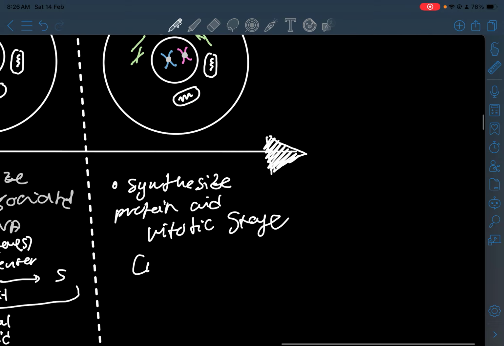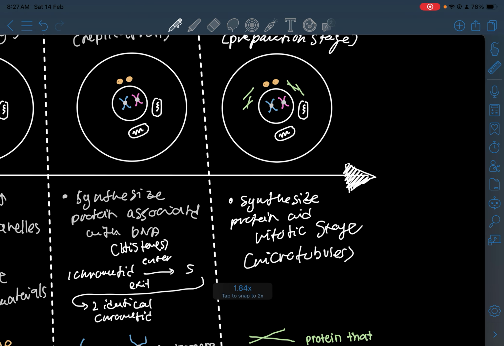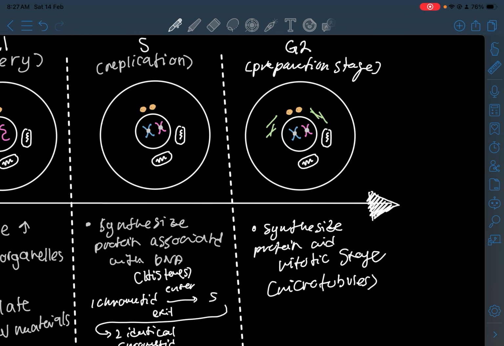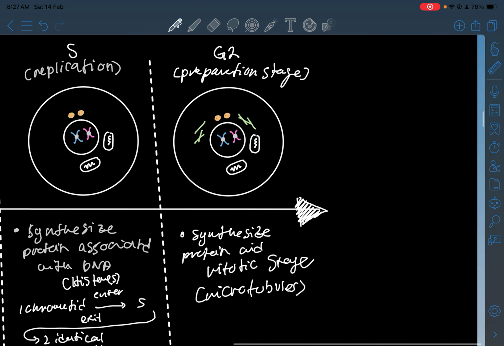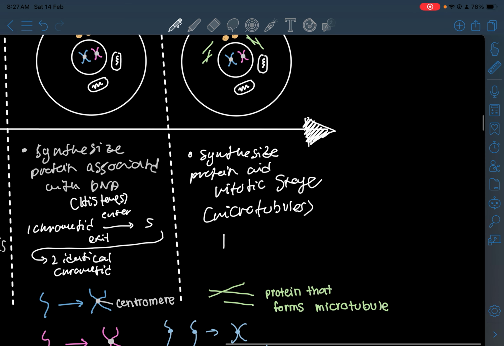Microtubules will form spindle fibers or mitotic spindles. So in S phase, the proteins are histones that are used to organize the DNA. Meanwhile, in G2, the proteins are used to form microtubules, and these microtubules will form spindle fibers.